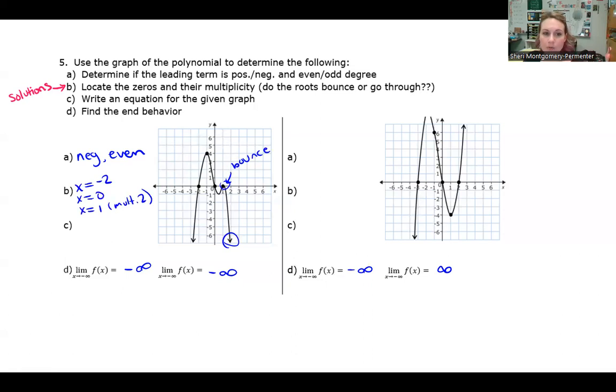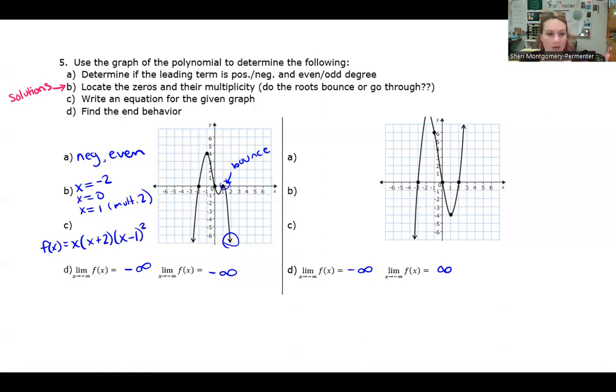Part C says we're going to write an equation. Well, if I know the x's, I can write an equation. This is just like what we just did. So I have to start with f of x. And I see that x is equal to 0. Anytime x is equal to 0, I just throw an x out into the front. And then I'll list my other 2. And I just change the signs.